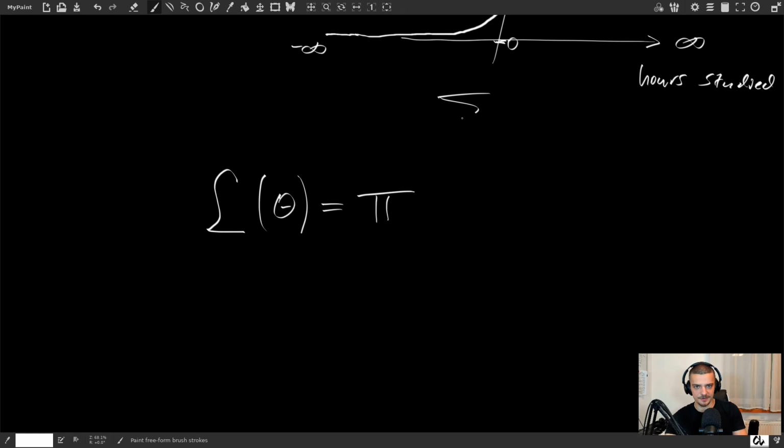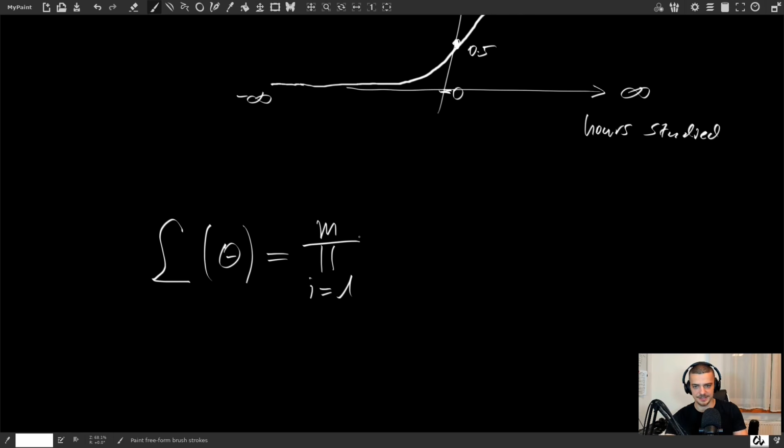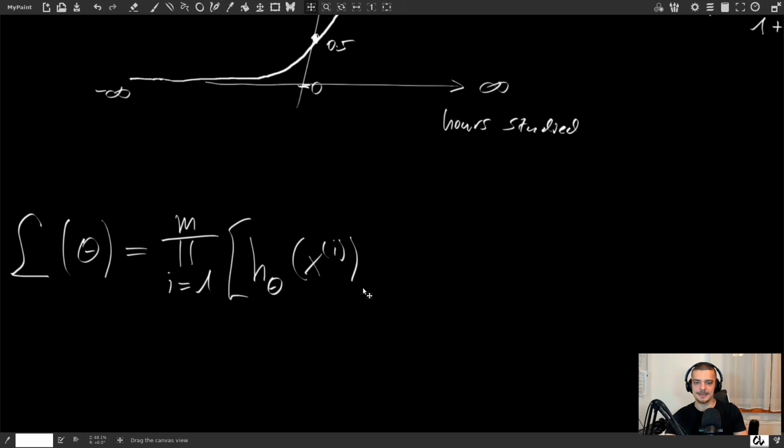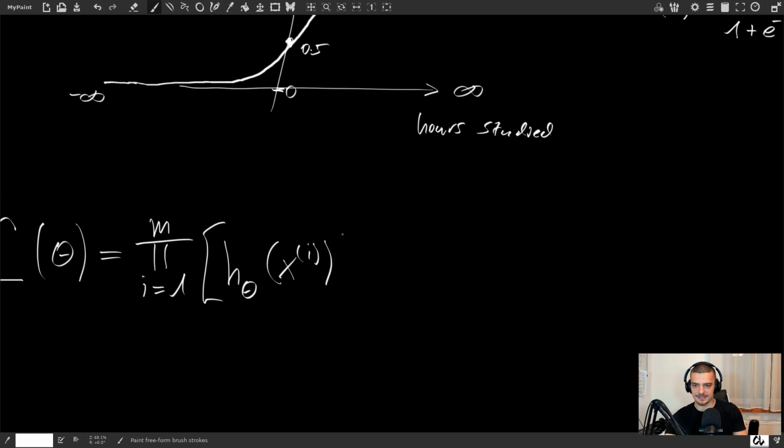It's like a sigma for multiplication. So starting at i equals 1, going up until m, so going through all the instances. Remember, we have m instances. What we want to do is say, okay, given h theta for an instance xi, taking that to the power of the actual true classification, so yi.